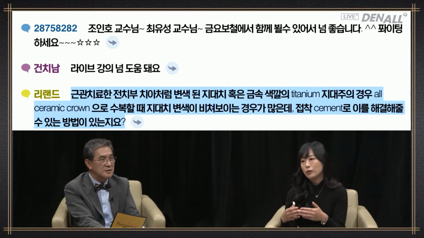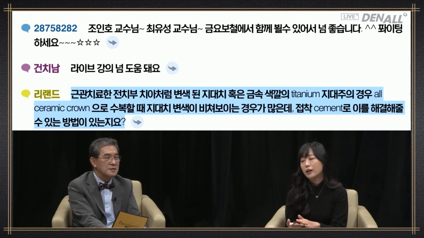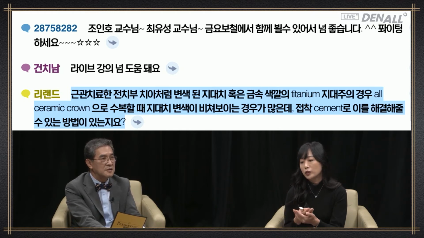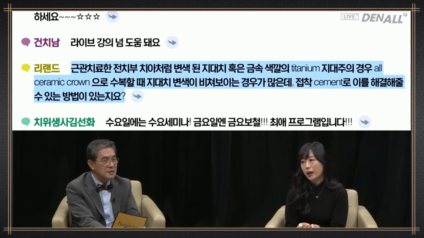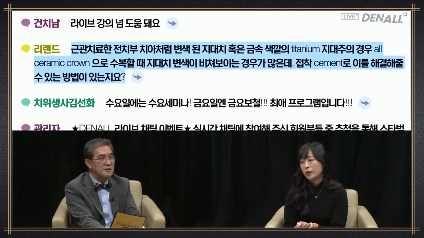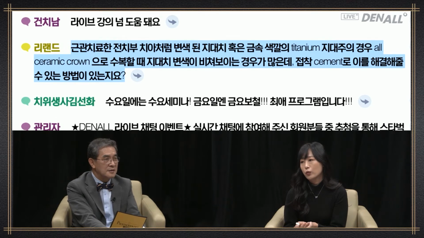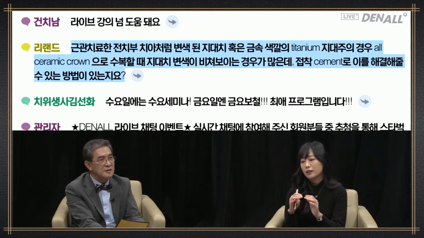Before restoration is done, if you cannot adjust it using bleaching or if bleaching is not an option, and if the restoration is all ceramic crown, it is very difficult to block out discoloration. Therefore, using a metal-ceramic crown is better. PFM or PFG should be used with a colorless margin so that the margin is not shown.